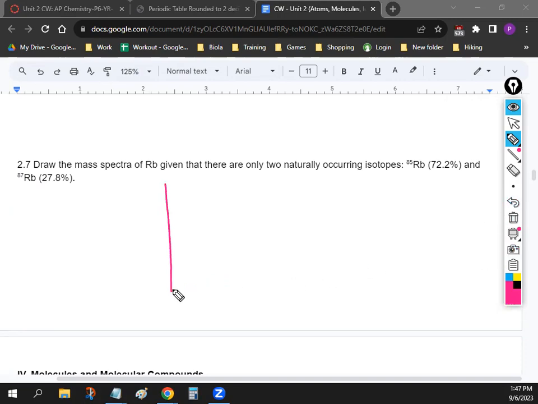The bottom of the graph, the X axis, is going to be the mass number. Sorry, this right here is 85. You've got rubidium 85, and then you've got rubidium 87.